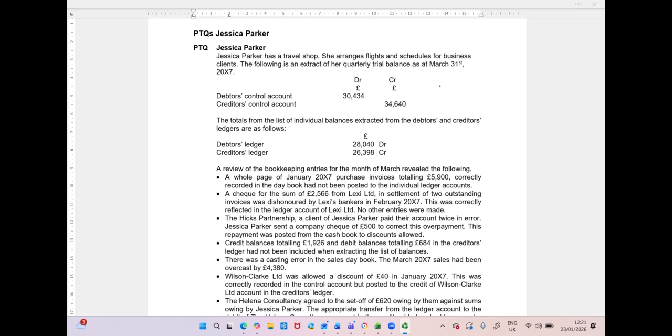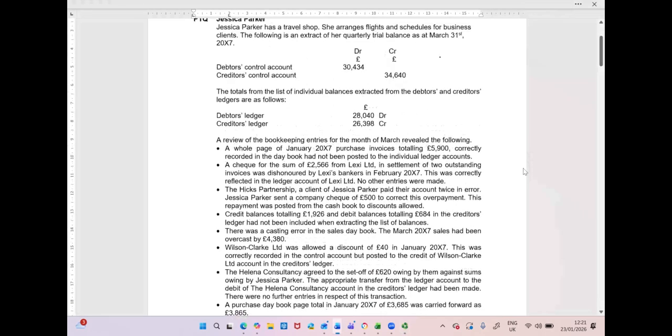Now, in my previous video, as I mentioned, the total of control accounts balances should match the total of individual debtor balances, or list of debtors. But you can see that in this company, the balances are not matching.